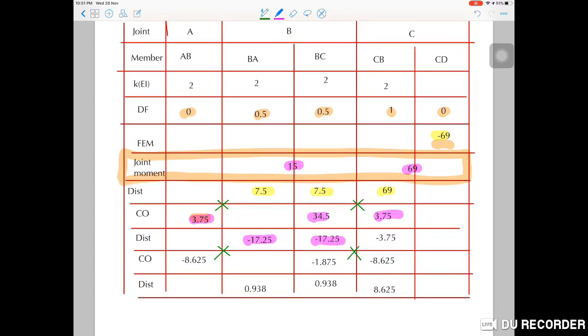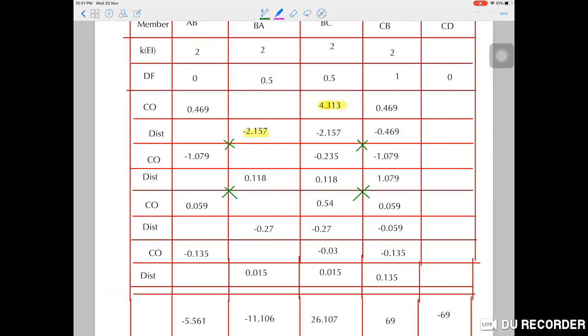And for CB, it is 3.75; the opposite is negative, times 1, so we get negative 3.75. Then we repeat the distribution process, carrying to the opposite joint, and then distribute again. We do the same process repeatedly until the moment reaches 0.